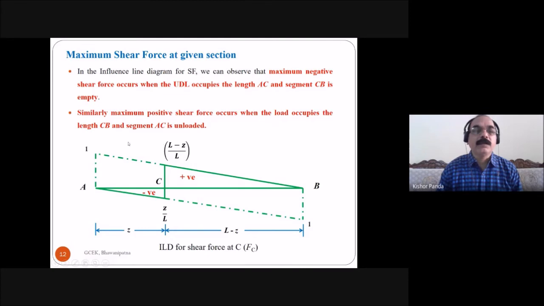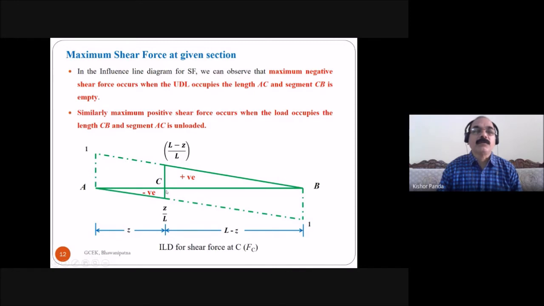So here you have to find out, when the uniformly distributed load is moving across a beam, where you will get the maximum negative shear force, and where you will get the maximum positive shear force. You will get the maximum negative shear force when the UDL occupies the length AC.